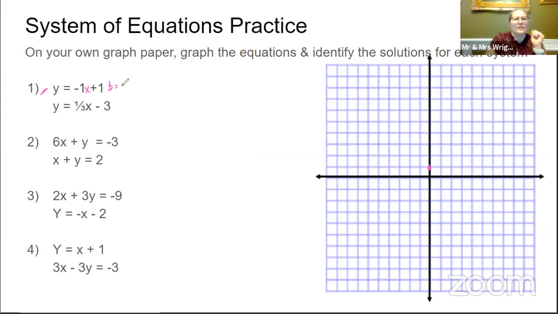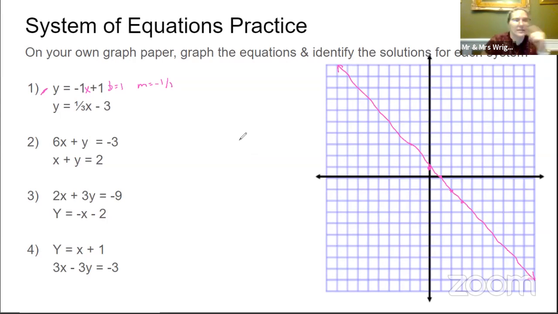So b is 1, right? And m is -1/1. So that means I'm going to go down 1 and over 1, down 1 and over 1, down 1 and over 1. Okay? So my line is going to look something like that.